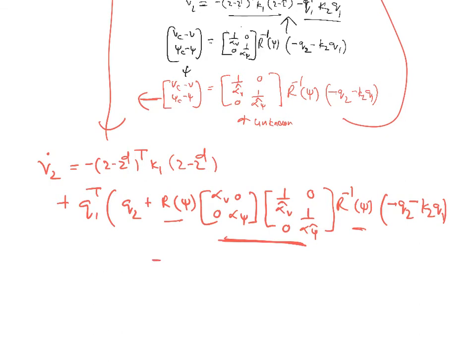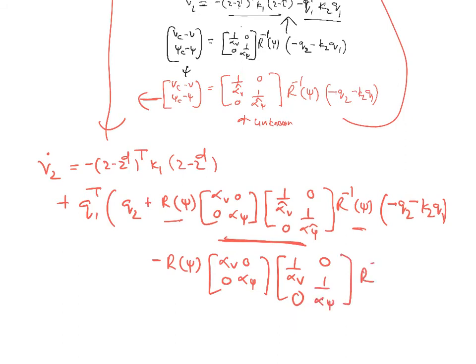So we add and subtract the original thing, 1 over alpha V 0 0 1 over alpha psi, R inverse psi minus Q2 minus K2 Q1.